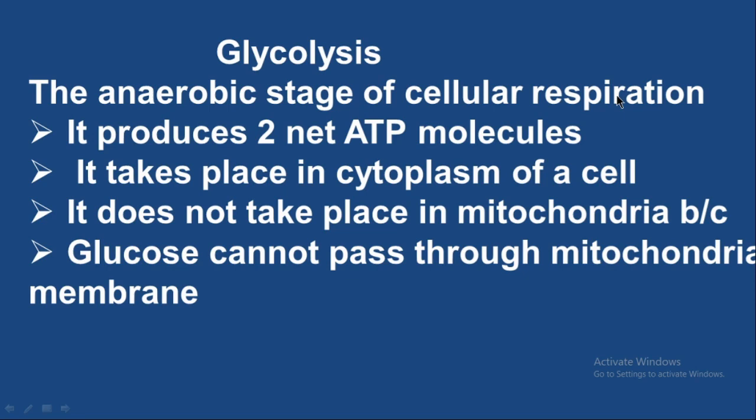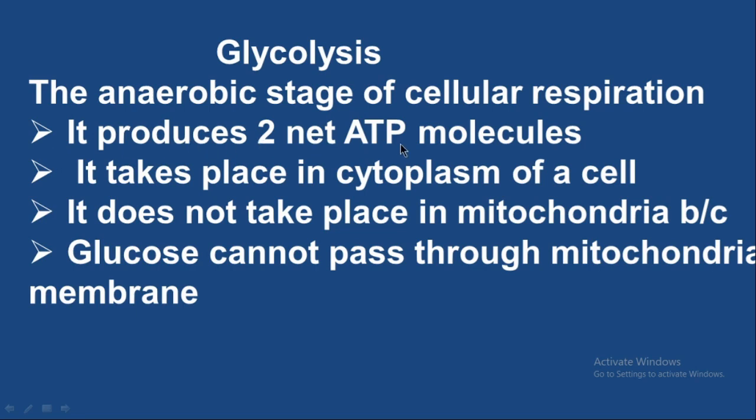Even though it is a part of the aerobic process, it is an anaerobic stage. It does not require oxygen, and it takes place inside the cytoplasm of the cell. This glycolysis produces 2 net ATP molecules.